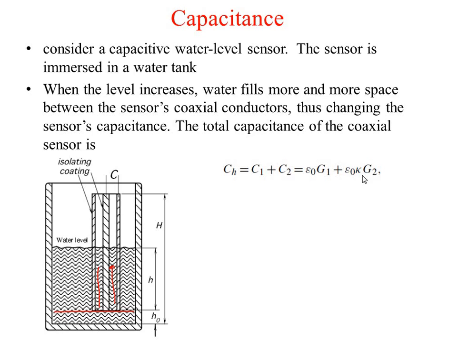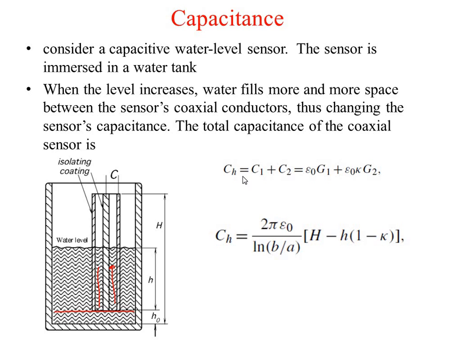G1 will be fixed, this K is going to change, and this is going to change the overall capacitance. You can measure this capacitance change with the help of some electronic circuit or other devices. This change is directly proportional to the height of your level.